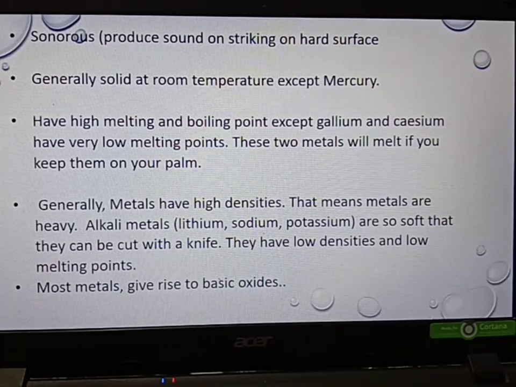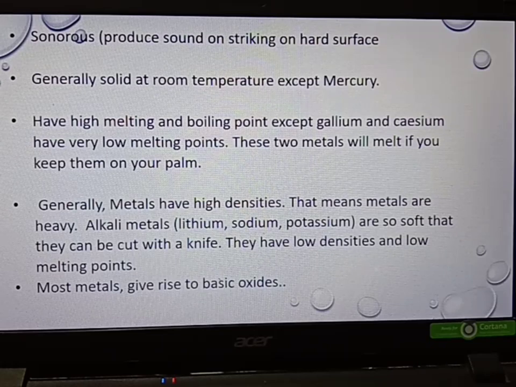It is due to the property of sonorous that metals are used to make bells and strings of musical instruments like sitar or violin.